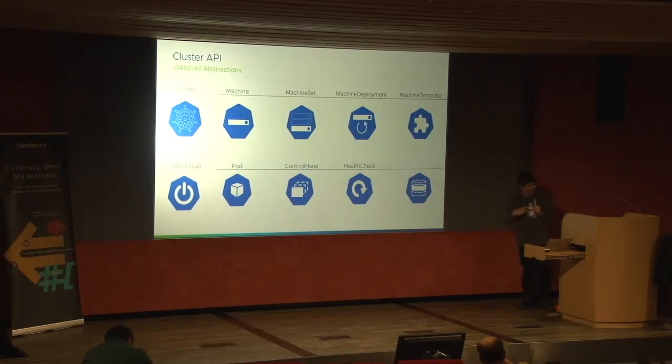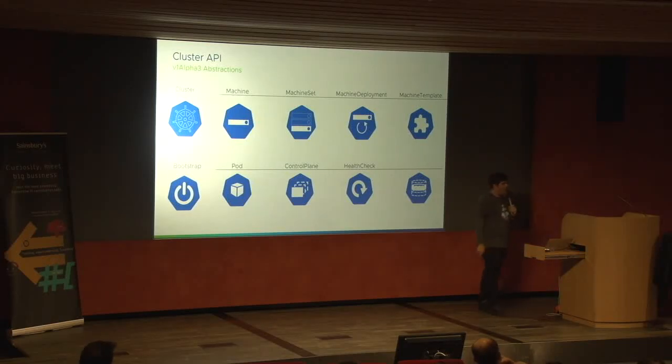We also have components which are more internal to Cluster API, so you don't directly have to interact with them, but they're there to make Cluster API work. So bootstrap configurations, and we have a new object called the control planes. This manages doing upgrades of Kubernetes from one version to another, and machine health check.